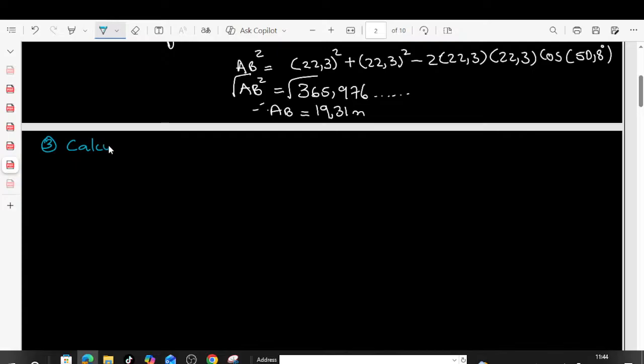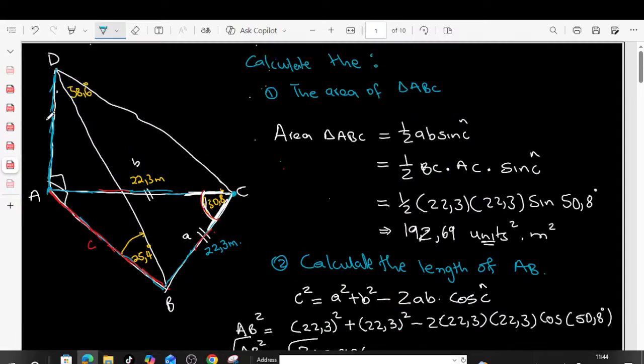Calculate the height of the tower. So we are looking for the height of AD, and this is just a simple 2 marks. I need to see what you can do if you want to calculate the height of AD.